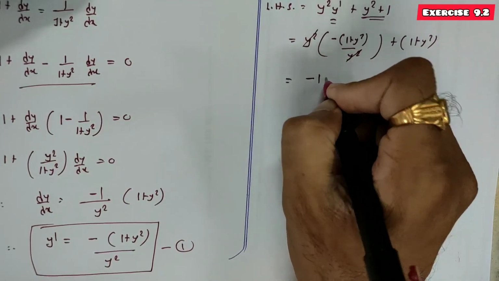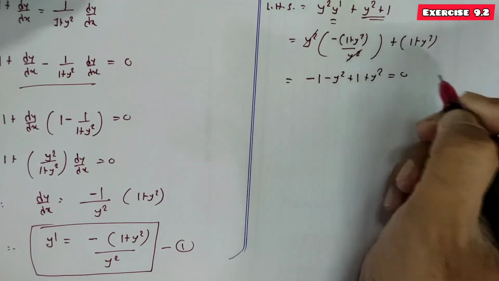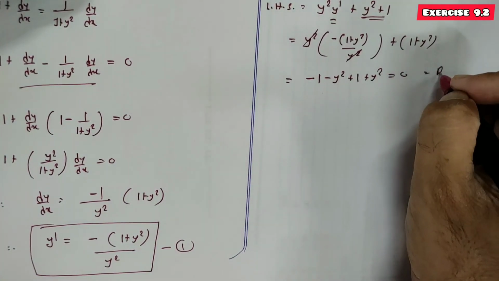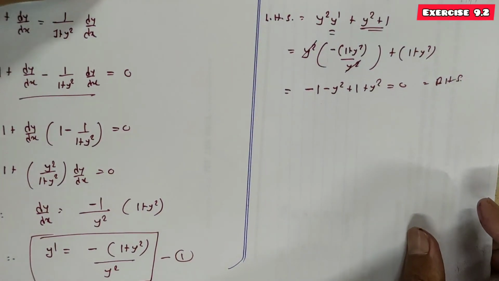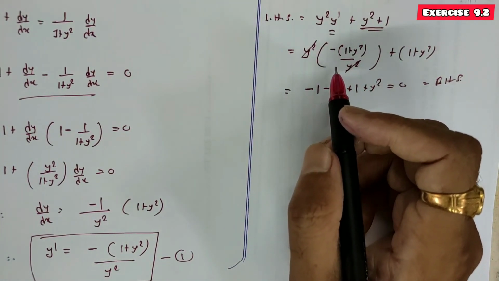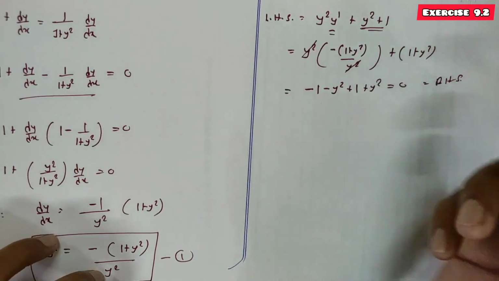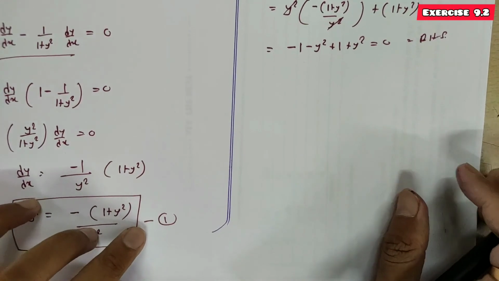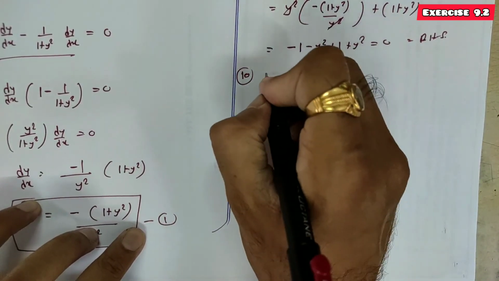This is equal to minus 1 minus y square plus 1 plus y square equal to 0. So that is our right hand side of this equation. Done. And therefore we can say that x plus y equal to tan inverse y is the solution of the given differential equation. Done.